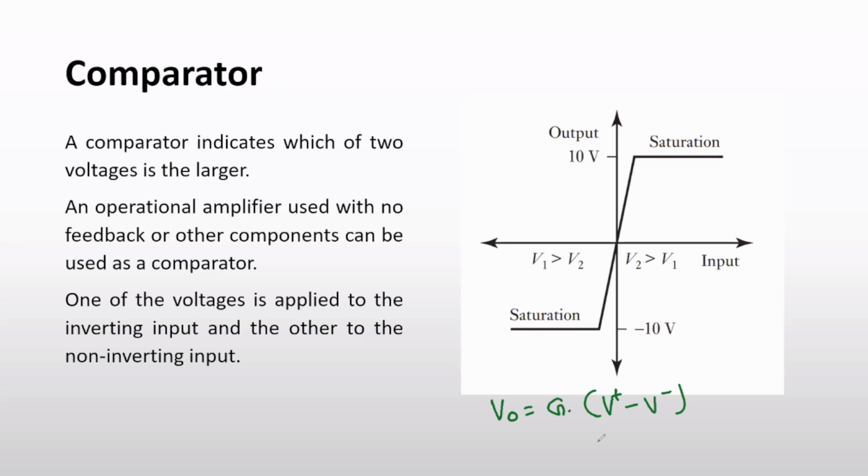If the non-inverting input voltage is larger than the inverting input, you get Vo as a positive value. And when V minus is larger, that means the voltage at the inverting input is larger than the voltage at the non-inverting input, you get the voltage value as a negative value.